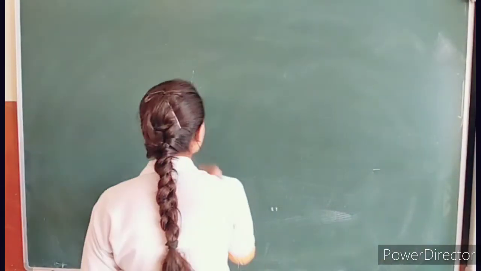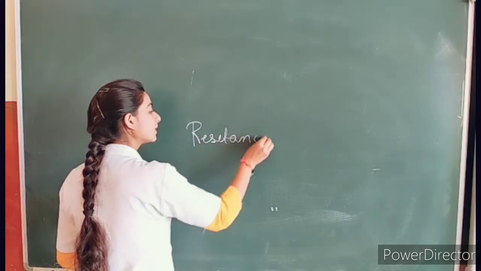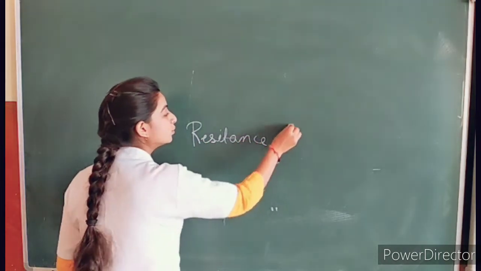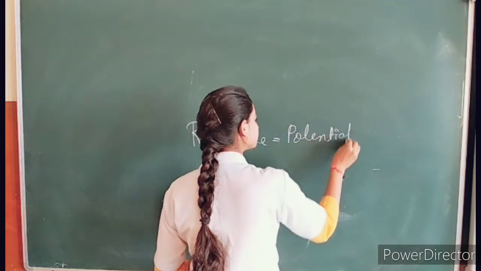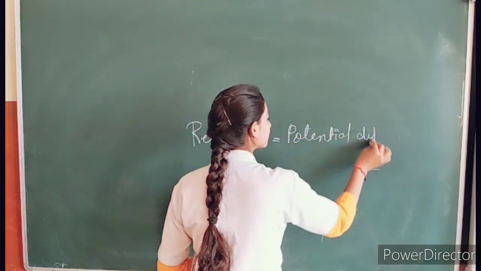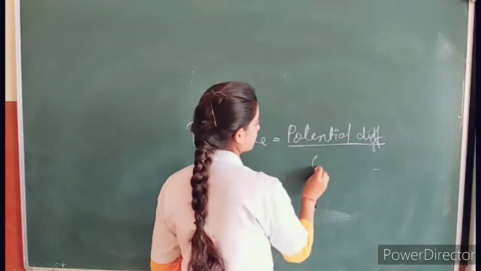Now, resistance is equal to potential difference upon current.